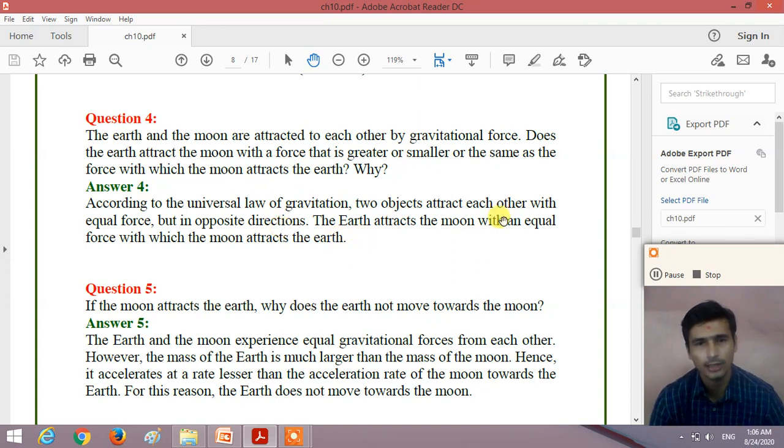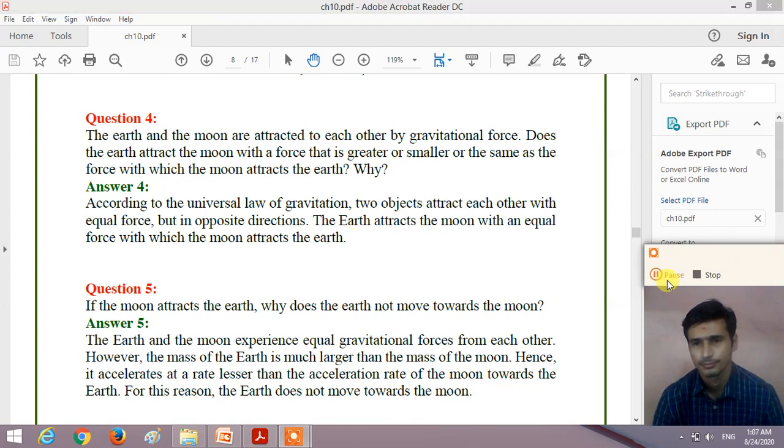So the earth attracts the moon with an equal force with which the moon attracts the earth. The moon attracts the earth with the same force as the earth attracts the moon, but in the opposite direction. According to Newton's universal law of gravitation, two objects attract each other with equal force. So the earth attracts the moon with the equal force with which the moon attracts the earth.